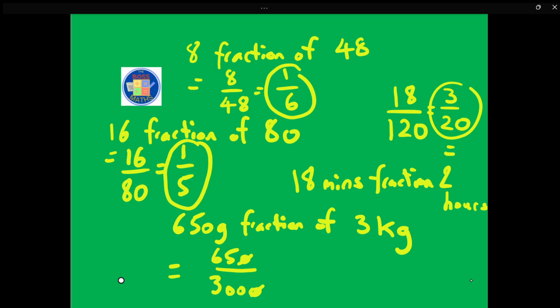We can agree on the 5s. So it's 13 over, and now how many 5s go into 300? And we all should have said 60. And the final answer is 13/60. And there's the answer.